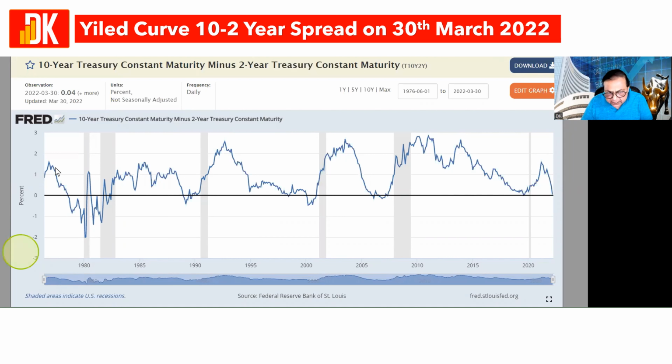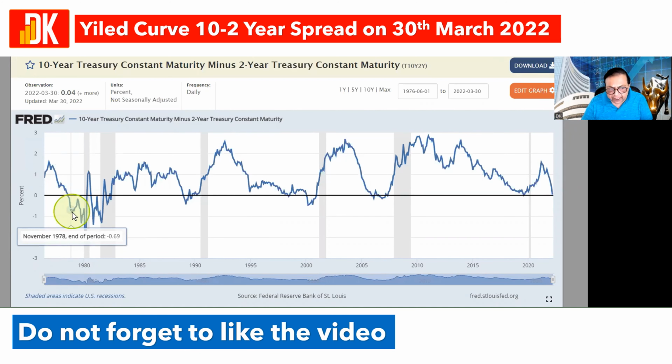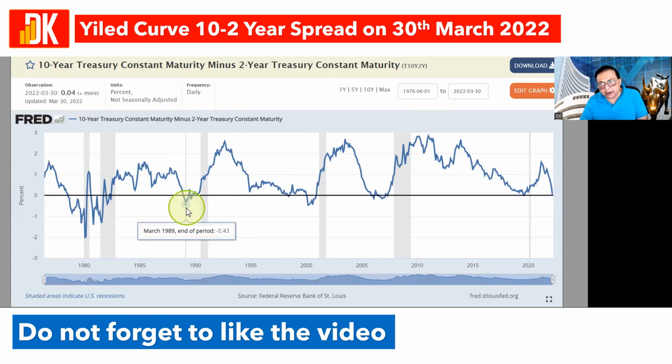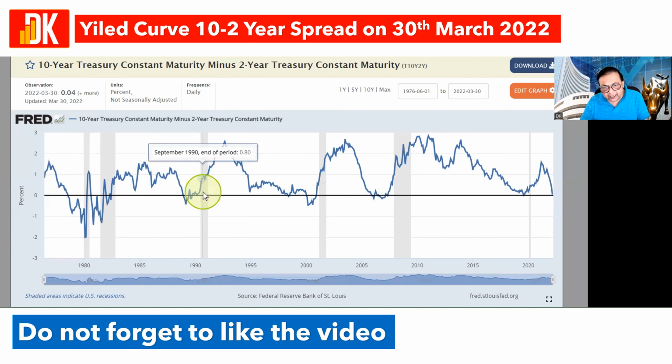Whenever this curve inverted, we can see in 1978 it inverted here, and at that point of time, you recall, the misery index was at a peak in 1980, and we had seen a very phenomenal bear market, followed by a major recession in 1982. And then, friends, it again inverted here in March 1989. We saw the bear market of 1990, and recession followed in September 1990.